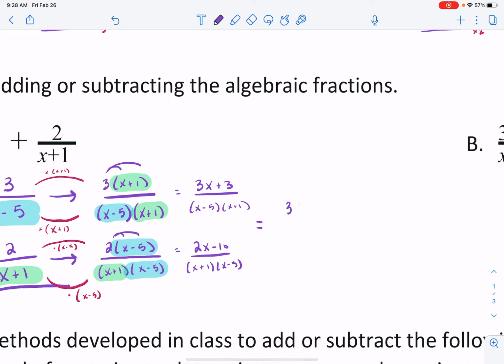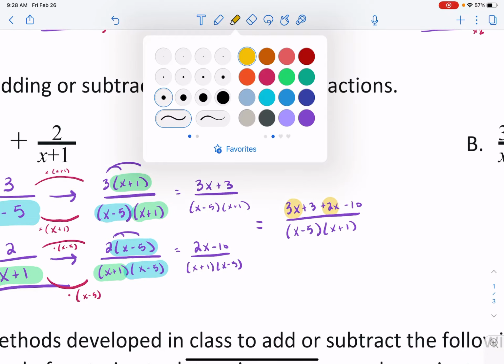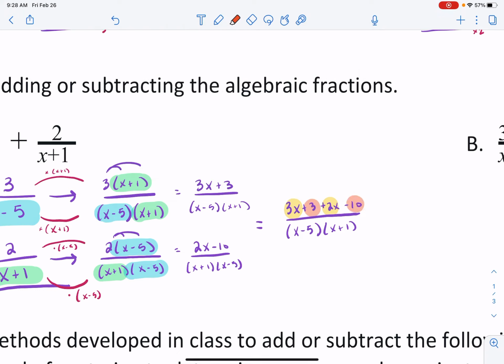So that leaves us with 3x plus 3 plus 2x minus 10 all over x minus 5, x plus 1, or either order, it doesn't matter. Then we can combine our like terms. So we've got 5x minus 7 all over x minus 5, x plus 1.